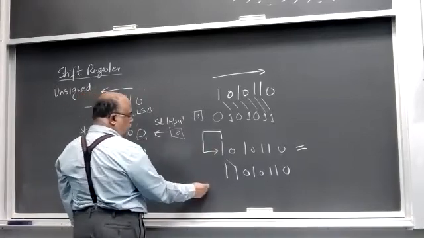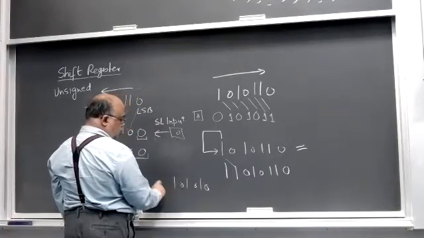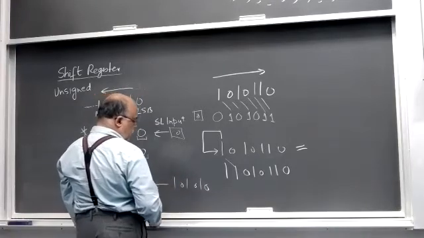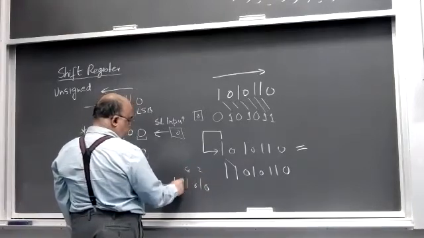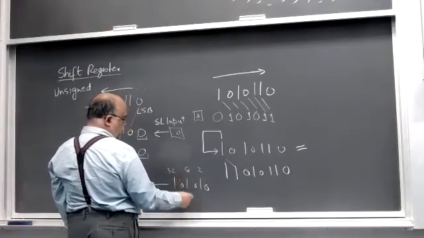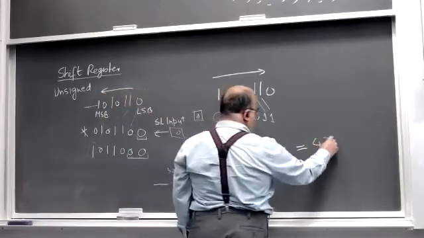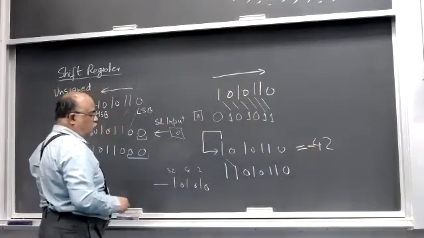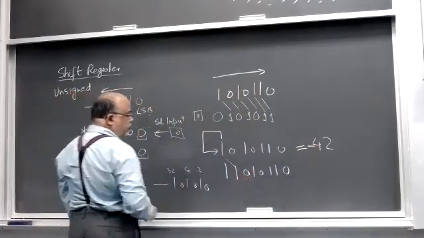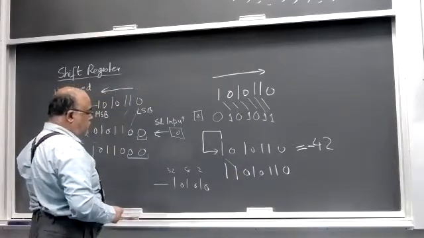This will be 0, 1, 0, 1, 0, 1, negative, which is 2, 8, 32, 42. Minus sign. This is minus 42. What is this number? This will be minus 21. And that is what it should be.